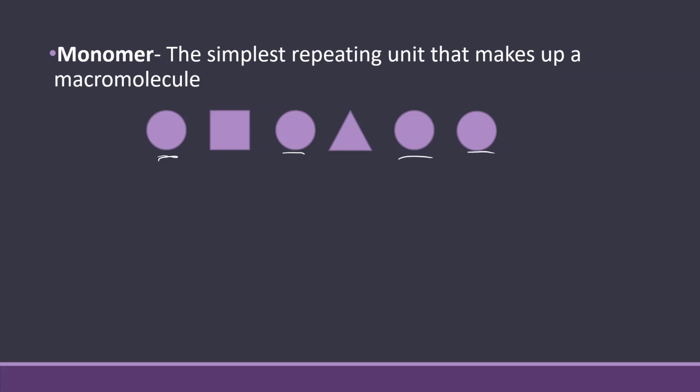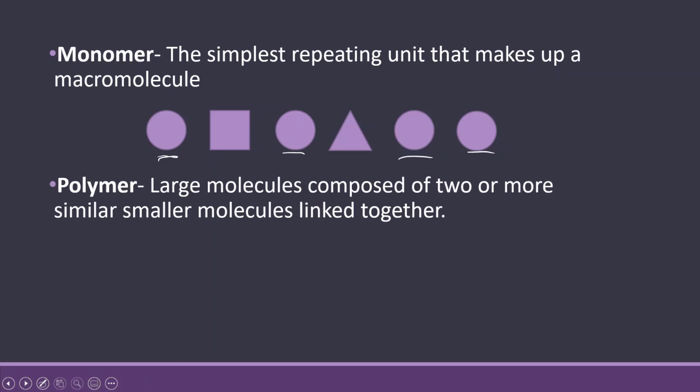But they're all individual pieces. Mono means one. If you think of monotheism, the belief in one God, monomer means one. So each of these is one piece, one piece, one piece. They're all individual one pieces.